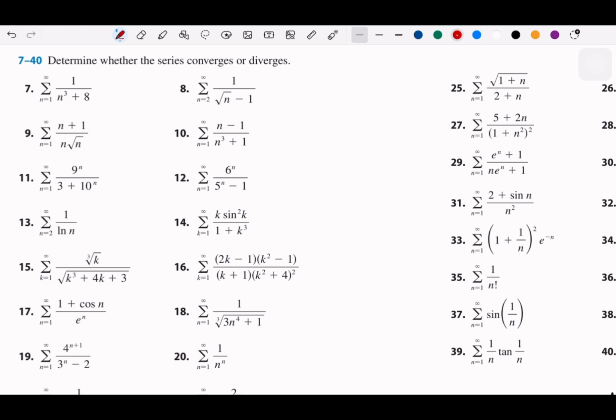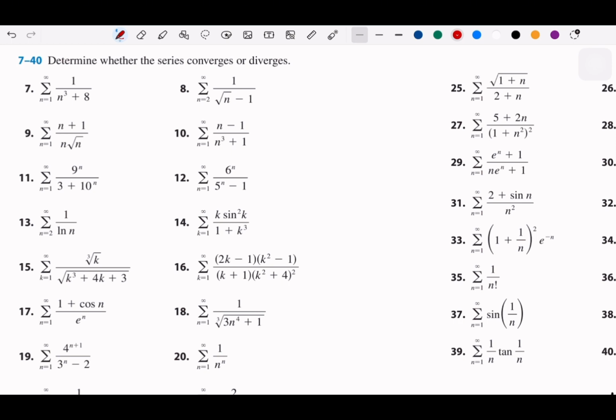Because it's larger, right? Yes. More than one, more than zero.